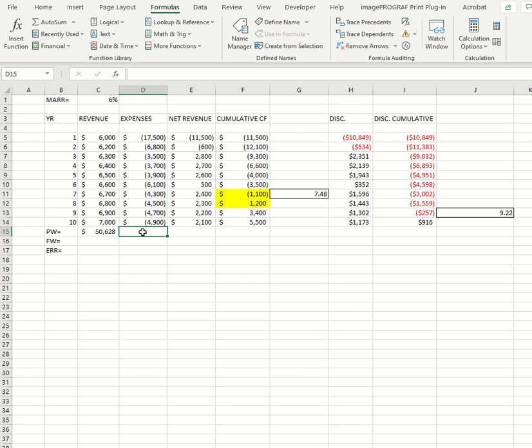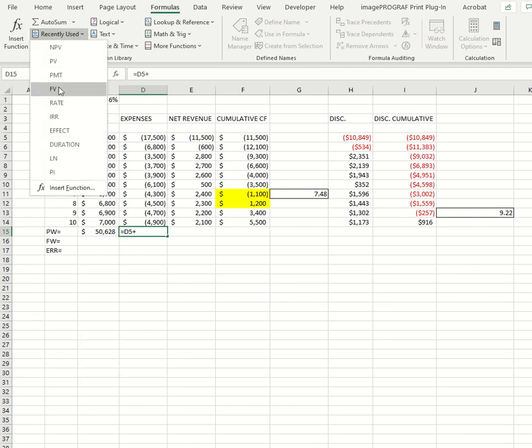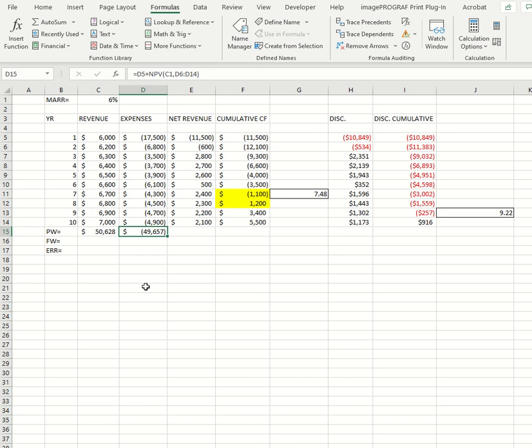Alright, so this value here plus the PVR. The rates here, the values will be here to here. Okay.